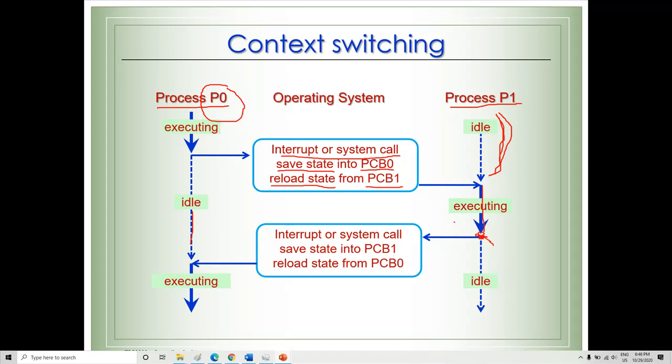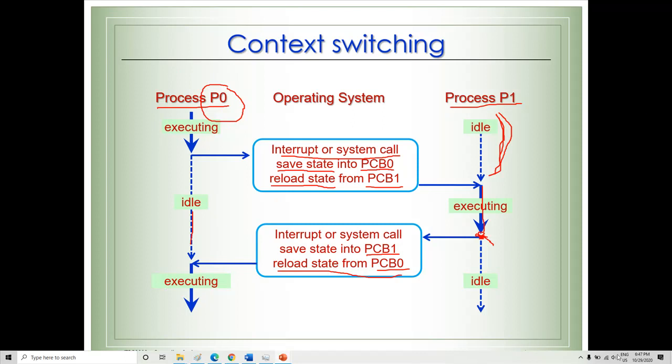When the context switching takes place, the process P1 state is saved into its process control block, and now let us assume P0 is going to run again, because let us assume its burst time has not yet finished. So its values from its process control block are loaded into the memory and registers, its state is reloaded, and P0 starts running.